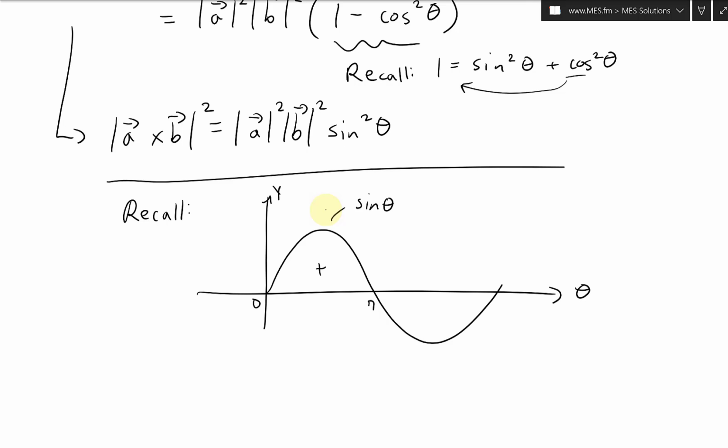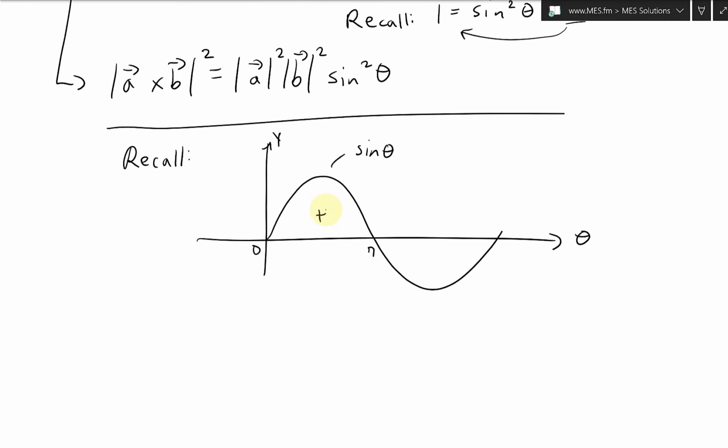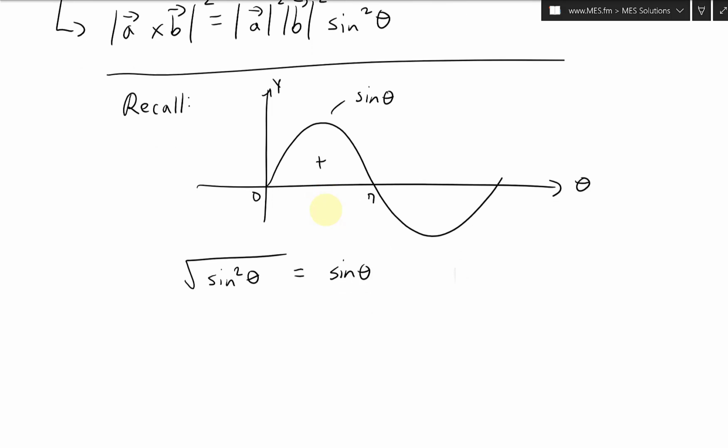So the square root of sine squared theta is equal to sine theta, because it's always positive. Remember, when you square something, the square makes it positive whether it was negative or positive, and then the square root just gives back the sign. In this case, because it's always positive, you don't need to worry about a negative sign.